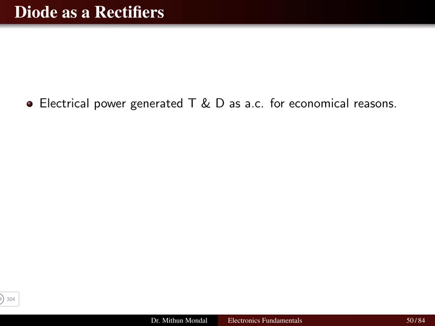Now, why is AC to DC conversion required? When we think of electric power generation, transmission or distribution, everything is AC for economic reasons. When power is generated, transmitted or distributed at a high level of voltage, the losses are reduced. Hence for economic reasons AC is preferred over DC.